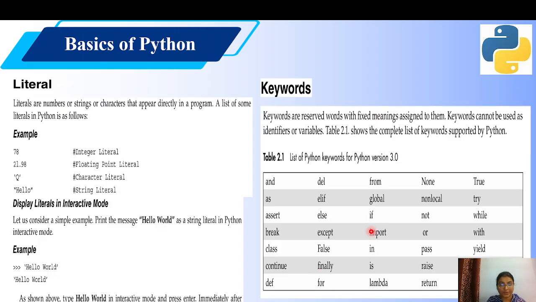You cannot use them as a variable name, right? You can see operator, assert, break, class, continue, global, if. So these are some Python keywords which are supported by Python.